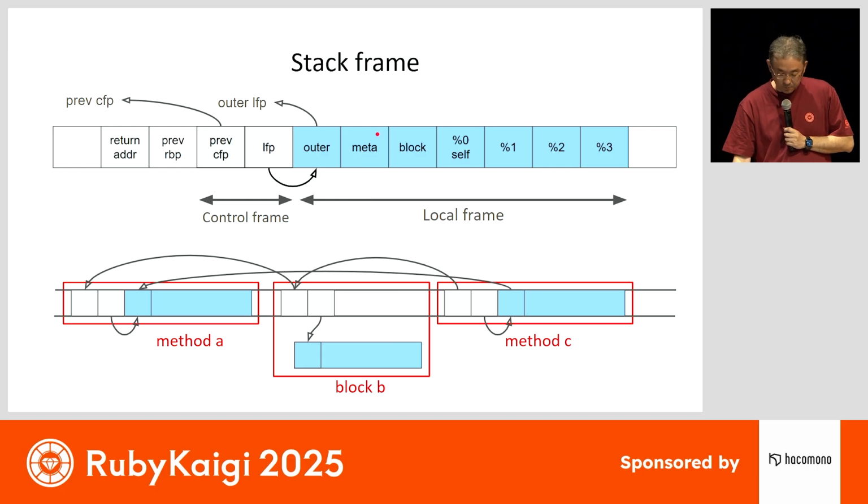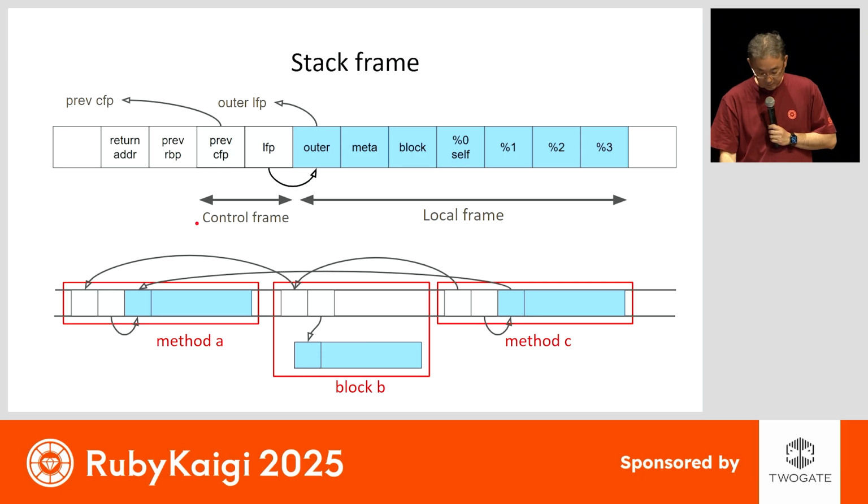A local frame holds self, this is register 0, and arguments and local variables and temporaries, and the block given and some metadata. It also has a link to the outer scope, like this. And local frames are mostly placed on the stack and pushed and popped. But if a proc or binding object was made inside the frame, the local frame is copied, like this, copied to the heap for persistence.